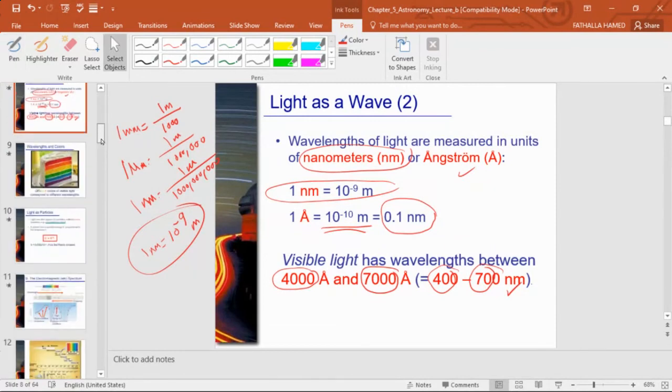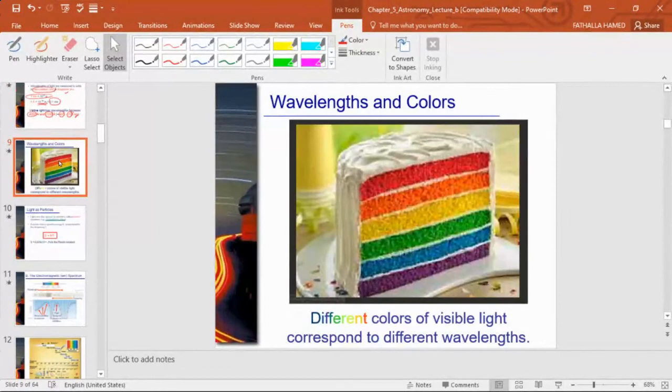So when it comes to light, you can see here the cake that is made of these different colors. We go from violet, then blue, green, yellow, orange, red. These are the rainbow colors, and the range, of course, will go from 400 nanometers to 700 nanometers.